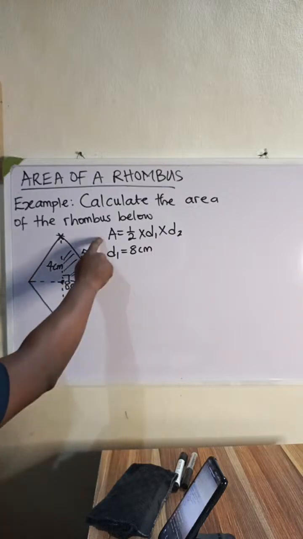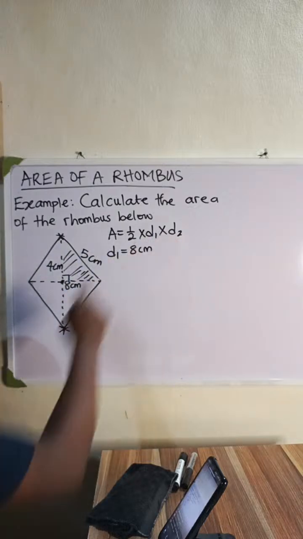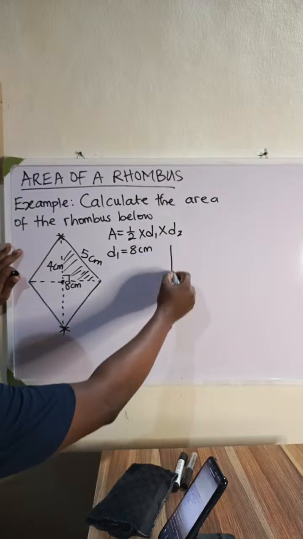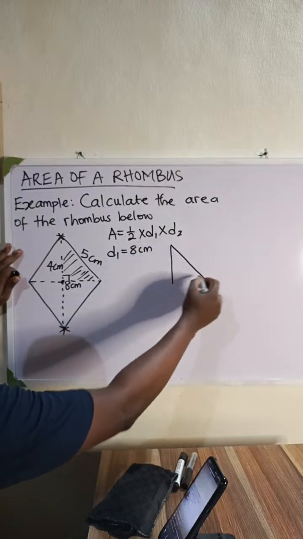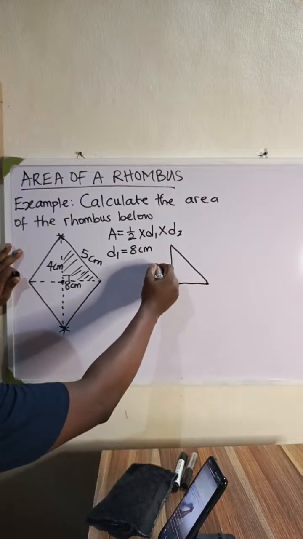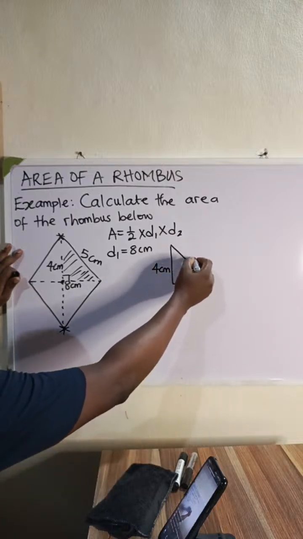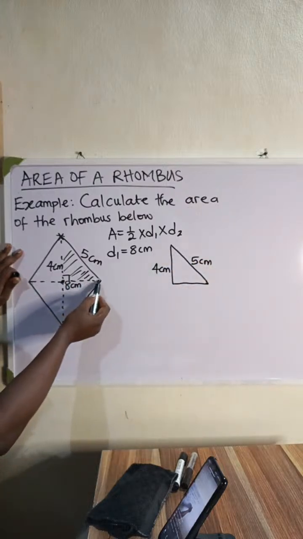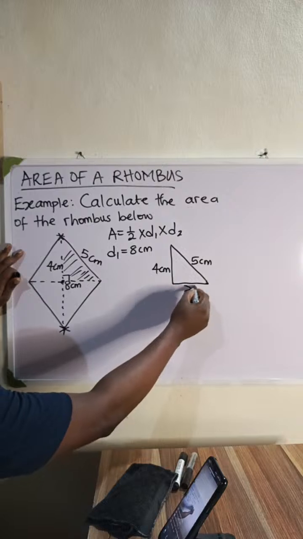For us to solve the area, we need to know this second diagonal. So if we bring out this triangle, we are going to have 4 centimeter, 5 centimeter, and from here to here, we don't know what it is, so let's call it x.